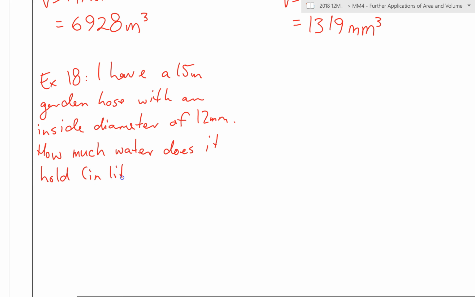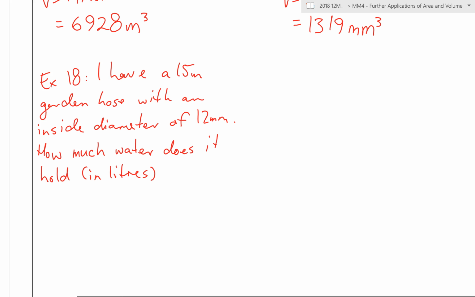In litres, it becomes a bit more complicated. I did mention early on that we need to use consistent units. When you are calculating things in litres, there are 1,000 litres in a cubic metre. There are 1,000 millilitres in a litre. That means there's a million millilitres in a cubic metre.